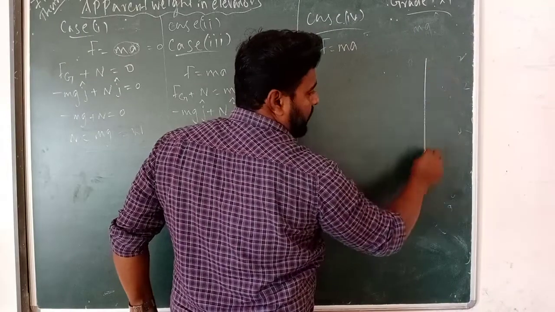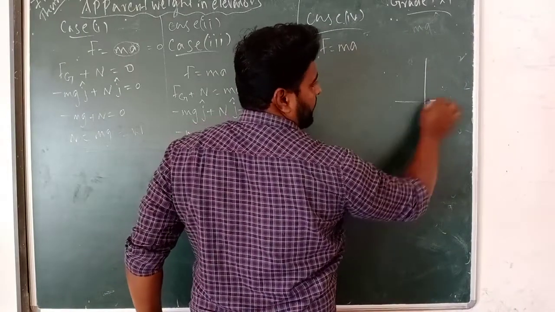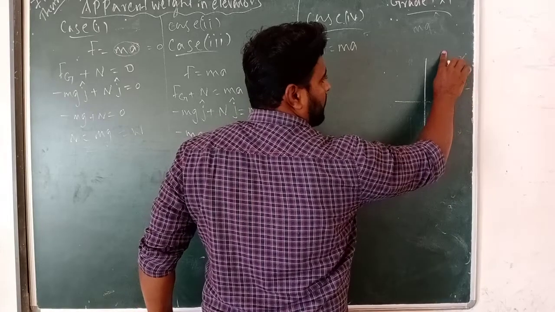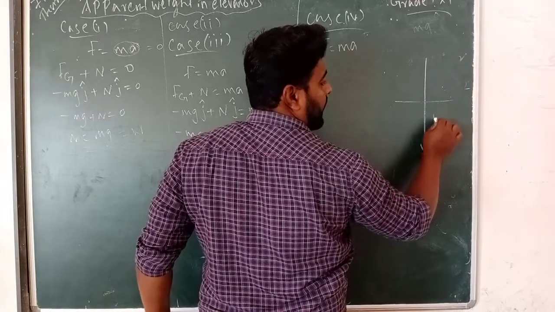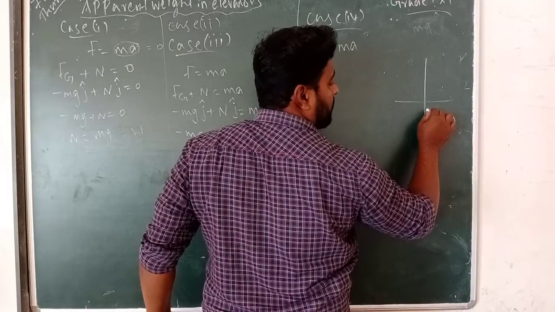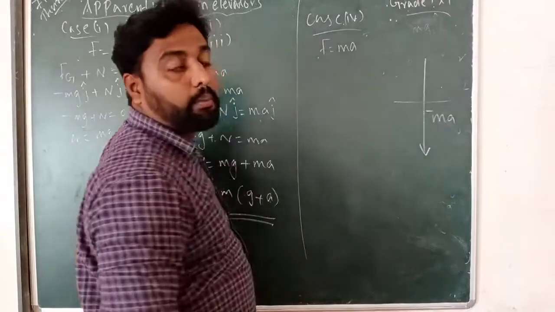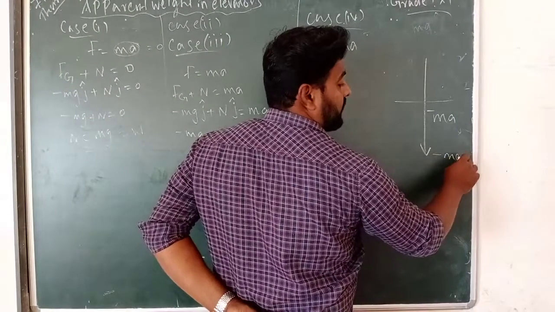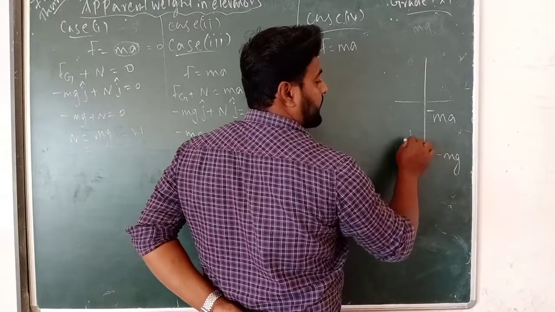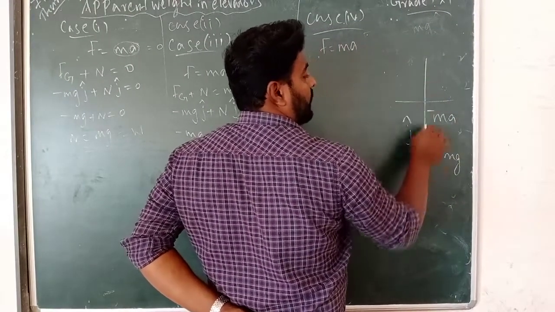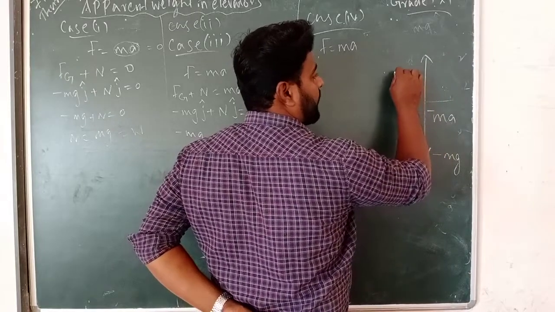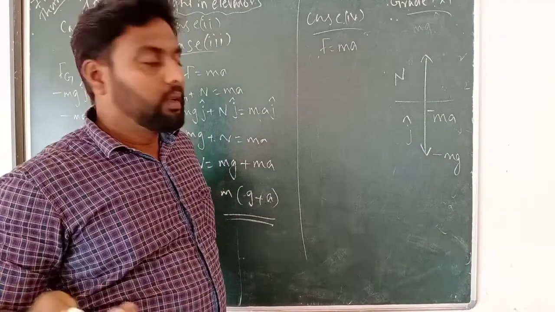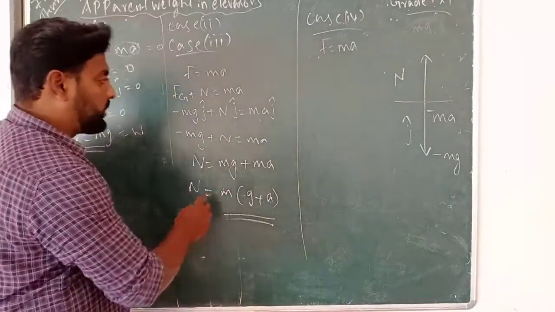The lift is moving downward, so ma is also in the downward direction, and mg is downward, minus j. Only the normal force is upward. The normal force is now not balancing, same as before.